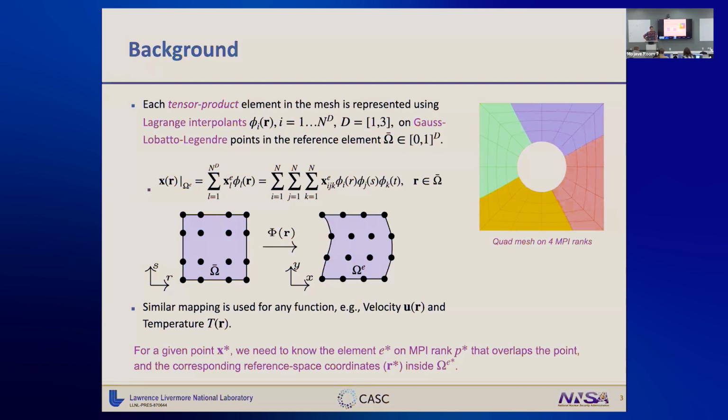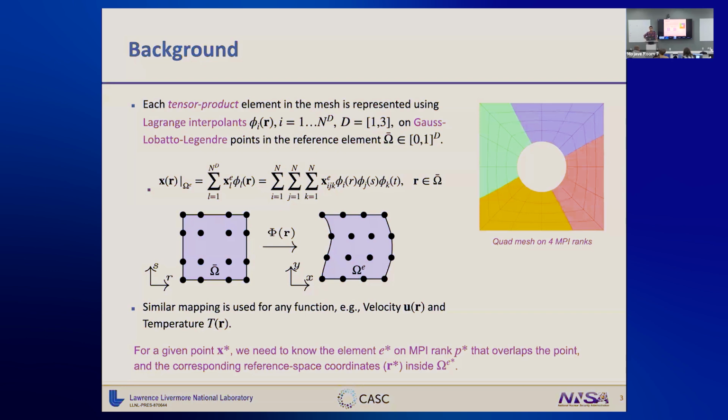And since we're using tensor product elements, we can use a product of 1D basis functions coming from each reference space direction, and that simplifies this evaluation, and it's well suited for GPUs. Now, we use similar representation for our solution also. So you have velocity, temperature, right?